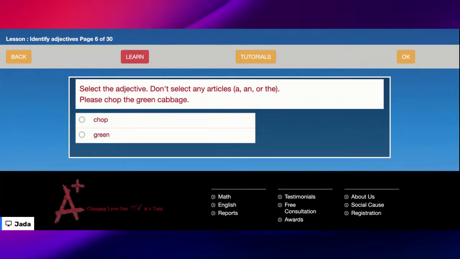Please chop the green cabbage. What is the adjective here?